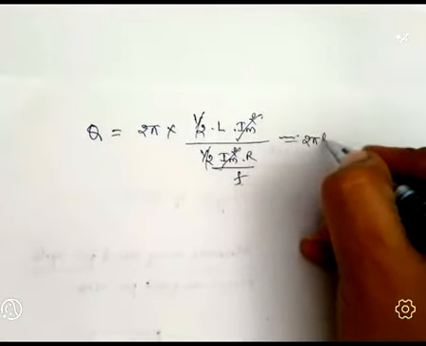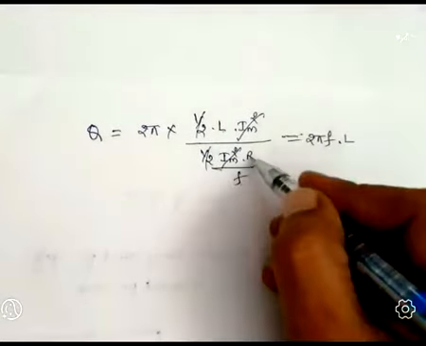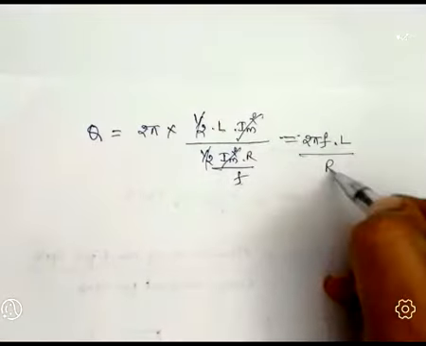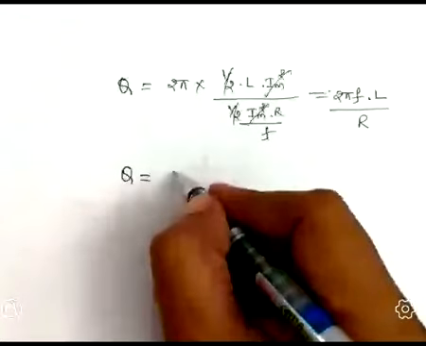It becomes 2 pi F, and L is left in the numerator with R in the denominator. So Q equals 2 pi f L by R.